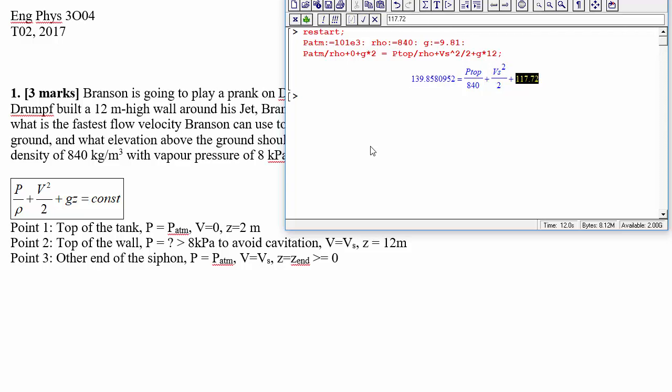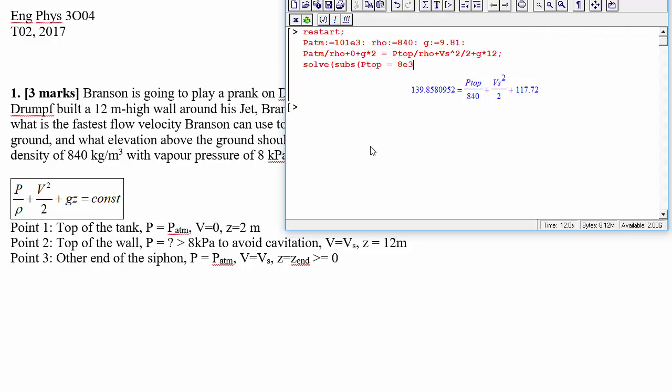Now, with everything else subbed in, we can solve for what the velocity would have to be for the pressure at the top to be equal to the saturation pressure. So let's sub P top equal to 8E3 into that equation.